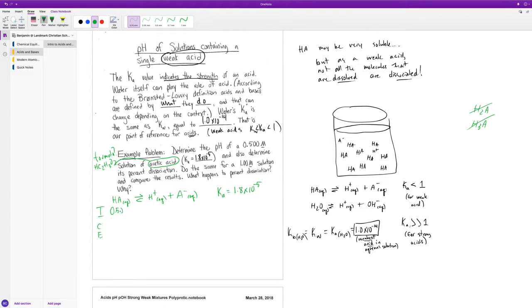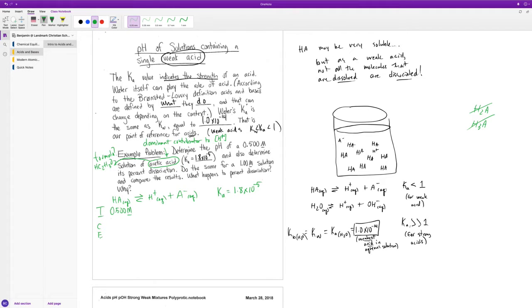And what we do here is we imagine that there's so little H+ in this solution. There's a tiny, tiny bit from water, but this weak acid is going to give us a lot more H+. This is going to be a dominant contributor to the H+ concentration.